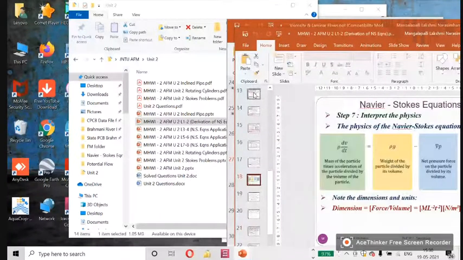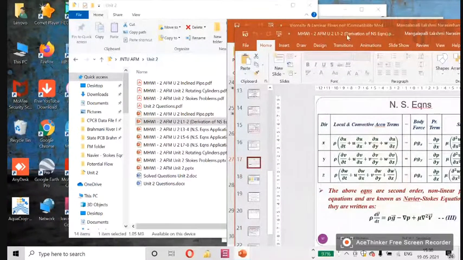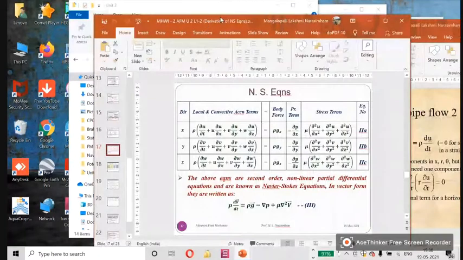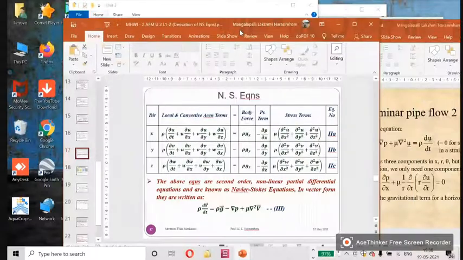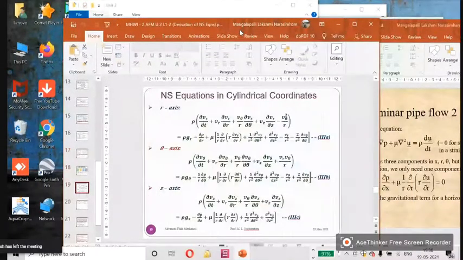Page number 19, sir. Yeah, it is here. I think it is here. Let me verify. Yeah, this is the one. I was searching for this.